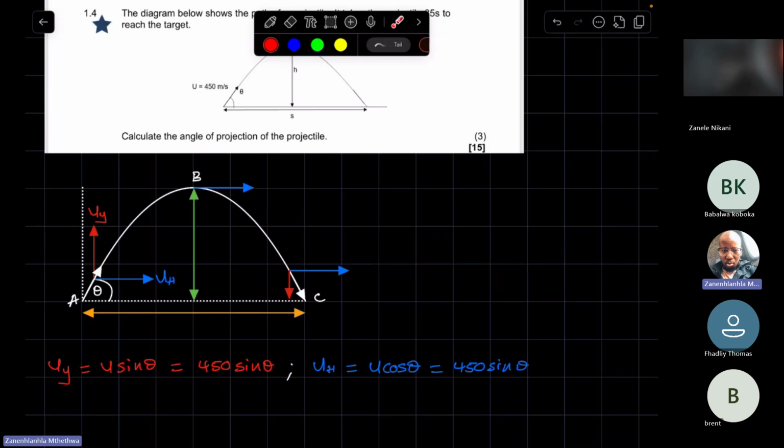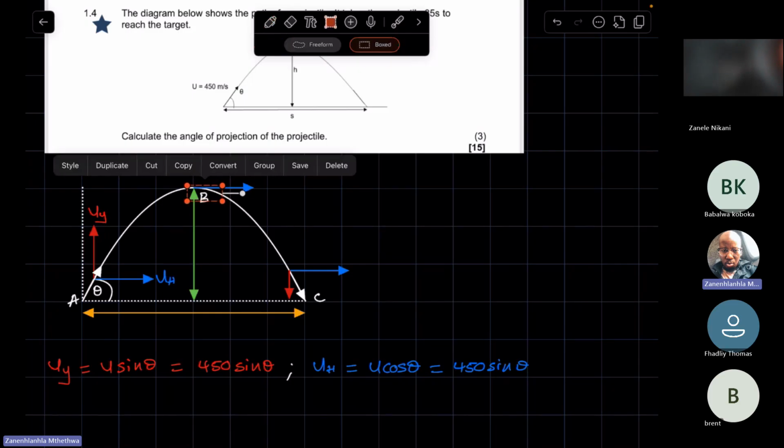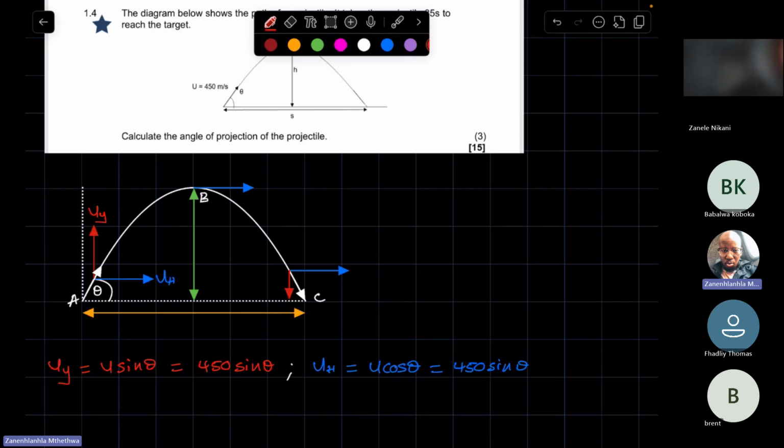We know that when the projectile reaches the apex, the vertical velocity of the projectile is 0 at this point. So essentially we have Vy equal to 0 meters per second.